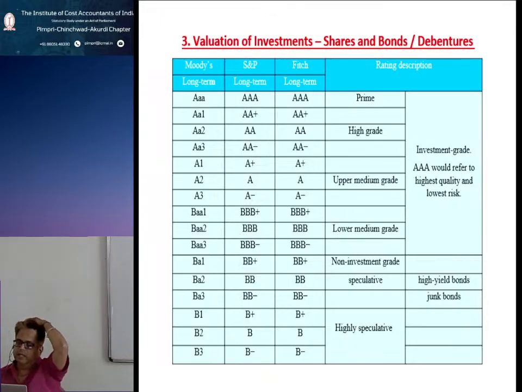AAA is like a prime rated instrument. Then AA2 or AA is high grade rated, and so forth. These are B1, BAA1, BAA2, BAA3, etc. All these are the ways the credit rating agencies rate a particular investment, especially a bond investment, a bond paper.